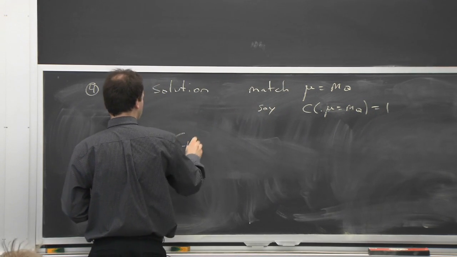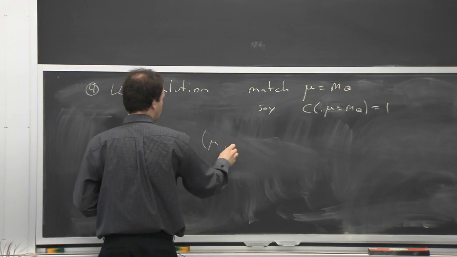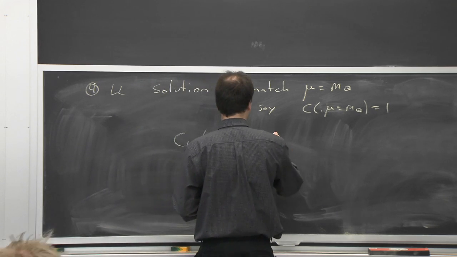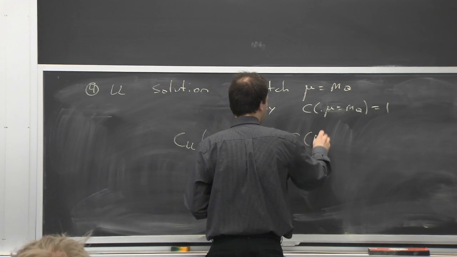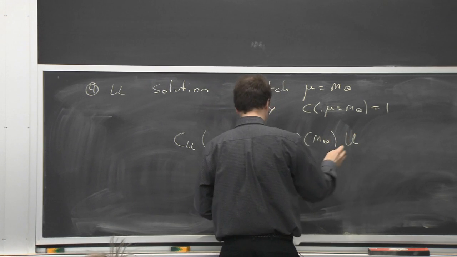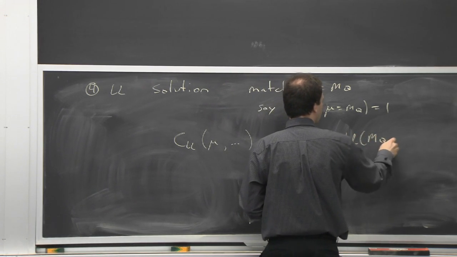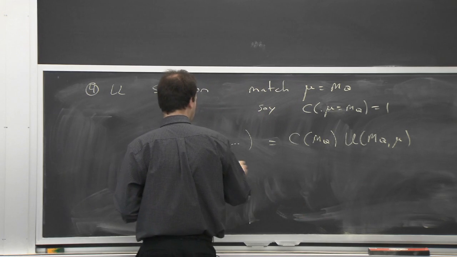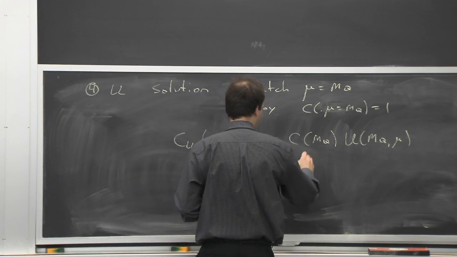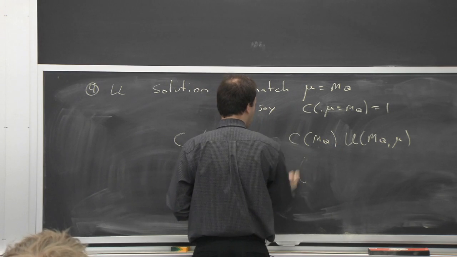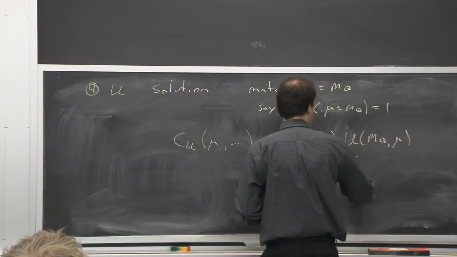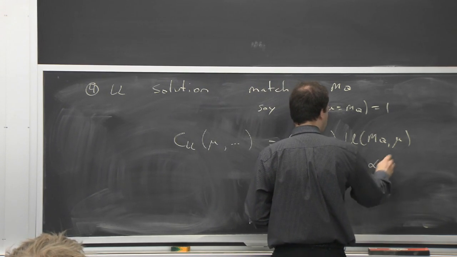Then the leading log result is a function of these various things, which in general is c of mq times some evolution from mq to mu, suppressing some of the dependencies. The leading log result is 1 for this, and then this guy at lowest order is just a ratio of alphas again.